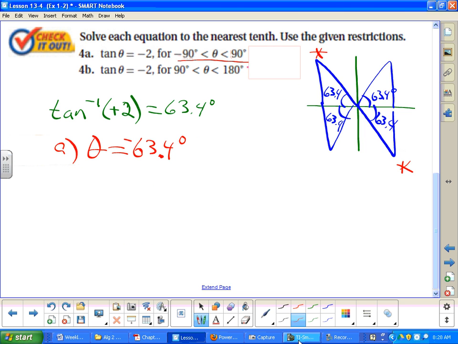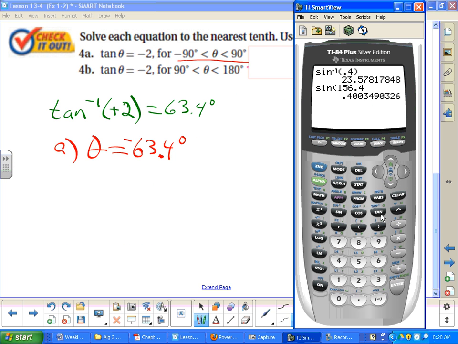But take your calculator, and if you actually do inverse tangent of negative 2, it'll give you that. Because the calculator does know, when we talked about inverse sine and inverse tangent, that if it does it for a negative, it's going to give me a number between negative 90 and 90, because that's part of their restrictions that we talked about with the inverse functions.